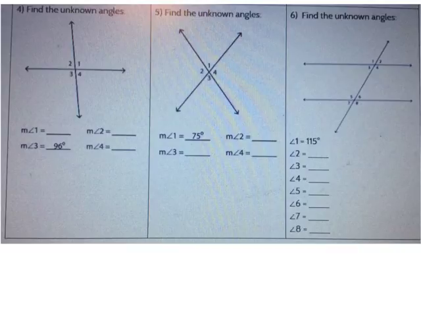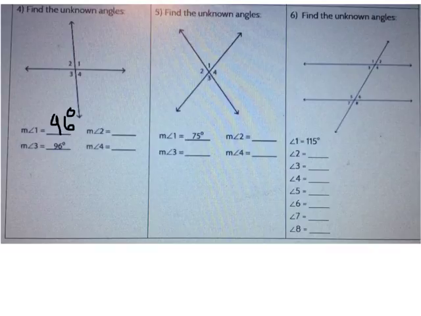Now let's find some unknown angles. This is going to set us up for our work today. In number 4, if angle 3 is 96 degrees, what are the other 3 angles? Well, I know that if angle 3 is 96 degrees, angle 1 is also 96 degrees because it's a vertical angle to angle 3.